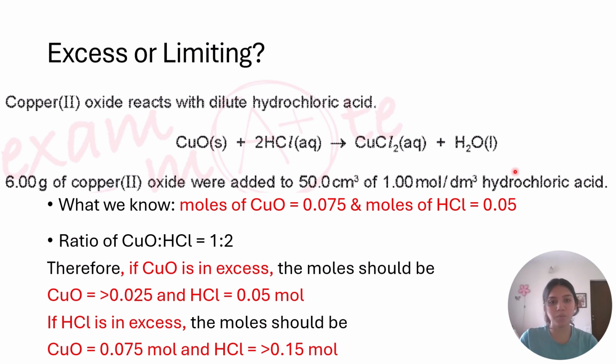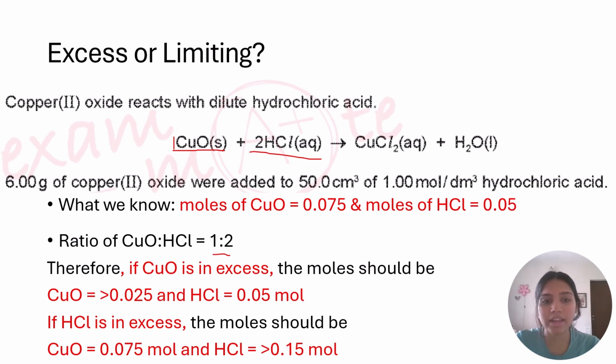In such an equation, you basically check the ratios of the reagents. Here copper oxide is 1 CuO, and HCl is 2 HCl. So the ratio of copper oxide to HCl is 1:2. For 1 mole of copper oxide reacting, there has to be 2 moles of HCl reacting.